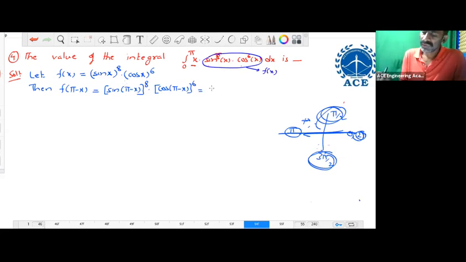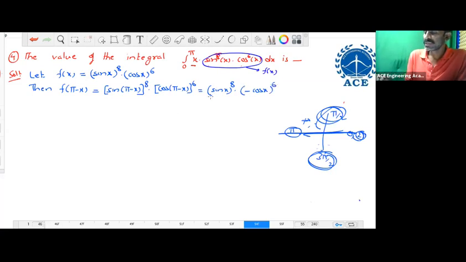Depending on the quadrant, we write the sign, that is plus for the sine function. And also depending on the pi, we write the same function. Sin x power 8 into, depending on the quadrant, cos is negative in the second quadrant, so the sign is minus. But according to this pi, cos doesn't change, it remains the same. So cos x power 6.